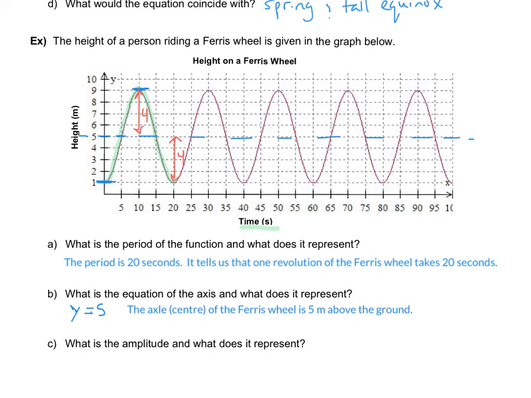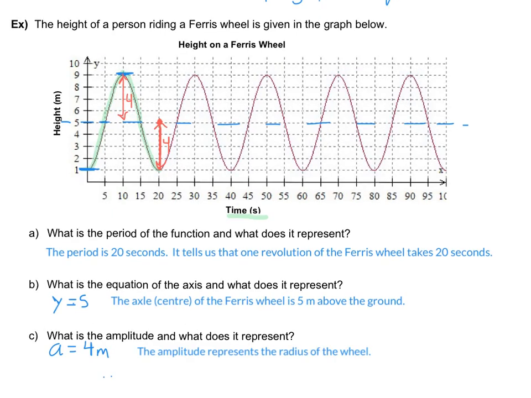So in this case, if you think of the axle or the center of the wheel being 5 meters, and then the lowest point is 4 meters below that, that really represents the radius of the Ferris wheel. That radius is 4 units, or 4 meters in this case. So our amplitude is representing the radius of the wheel. The radius would be 4 meters for this.